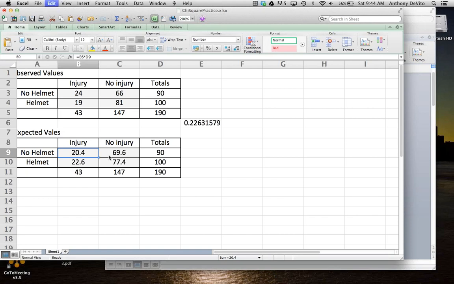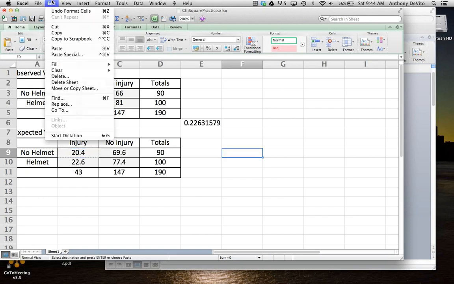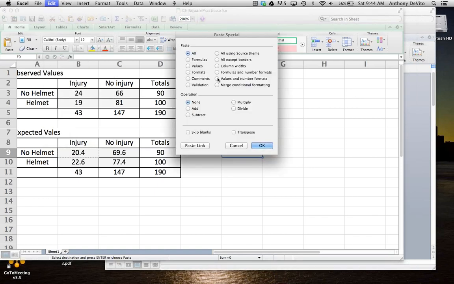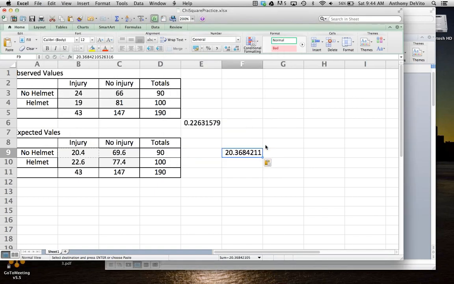As far as Excel is concerned, it saves every digit. So even though that number displays as 20.4, it's actually saving that entire number. So if we stick with Excel in terms of doing these calculations, our subsequent calculations are not going to be suffering from rounding, from building up errors from rounding.